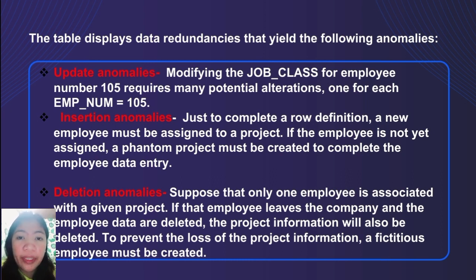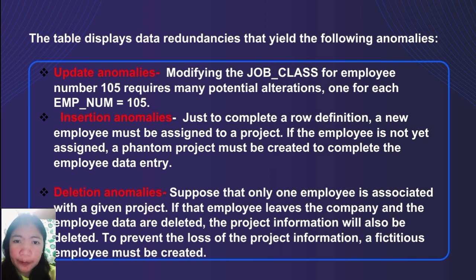This introduces unnecessary data and can make it difficult to accurately represent the absence of an employee for a project. These anomalies highlight the need for proper normalization and data management techniques to eliminate redundancies and ensure data integrity.